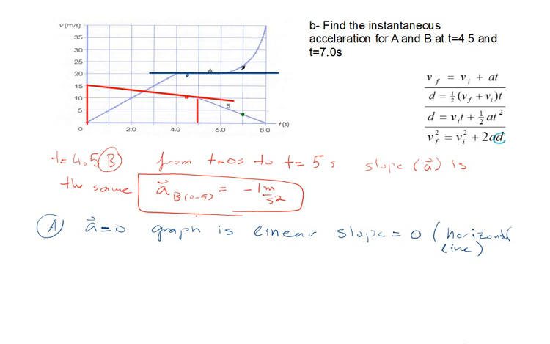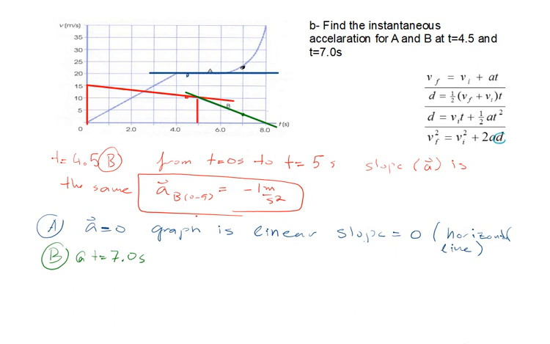Okay, so at point 7, let's look at B first. So B at t equals 7 seconds. Here we're going to look at the slope. You can look at any 2 points along this line right there. So this is the line, so any 2 points along this line.